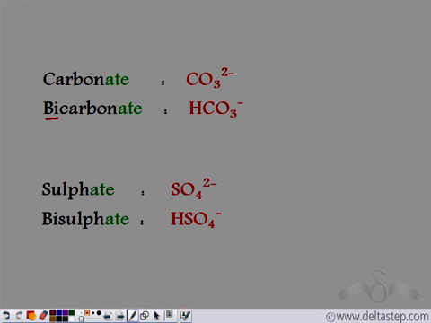So in this case, you see the sulfate radical, which is SO4 2-, and if we have a bisulfate radical, that means there is hydrogen present before SO4. So it becomes HSO4-. In this case, the charges are not the same, but the presence of "bi" before the radical name always shows the presence of a hydrogen atom. And since you see "ate" present in all the radical names, this shows the presence of oxygen atoms in the radical.